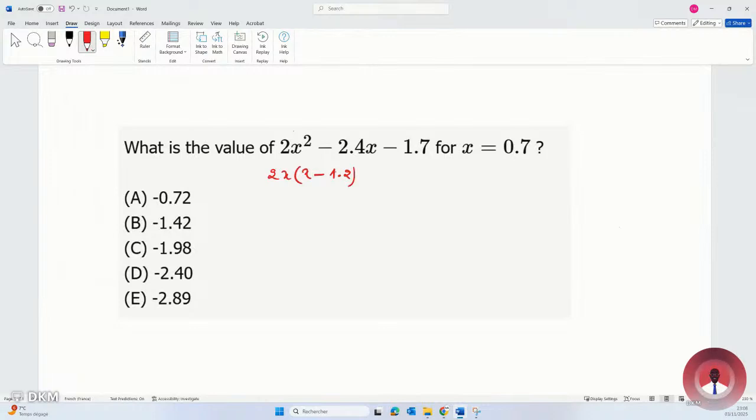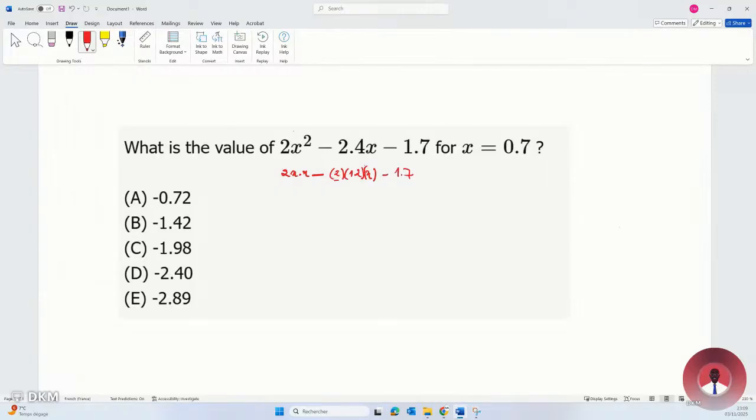Okay, or if we want to do it step by step, this is actually equal to 2x times x minus 2 times 1.2 times x, like this, minus 1.7.